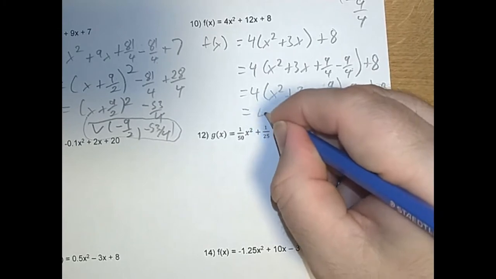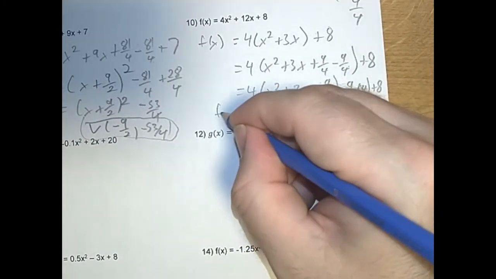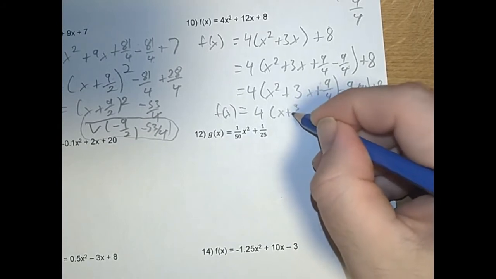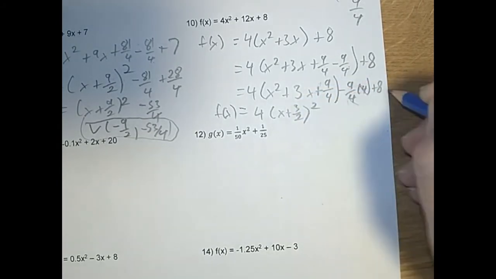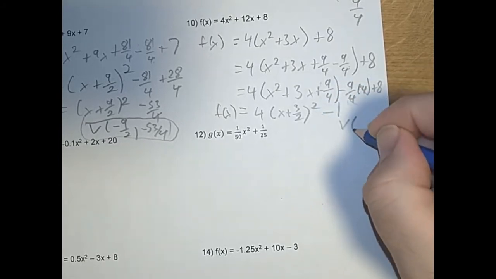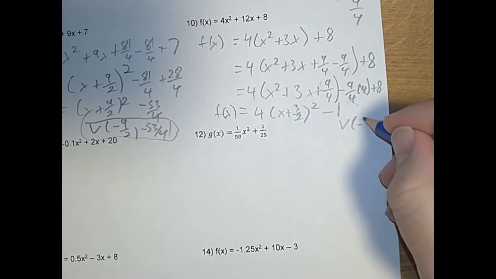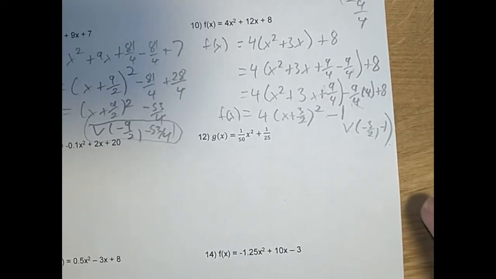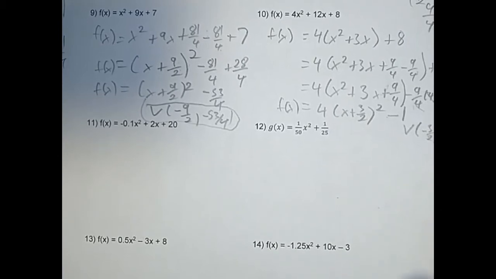So here, 4 times x plus 3 over 2 squared, and over there minus 9 plus 8 becomes minus 1. And my vertex in this case is negative 3 over 2 comma negative 1. That one's a little bit easier than the other one. I was kind of surprised.